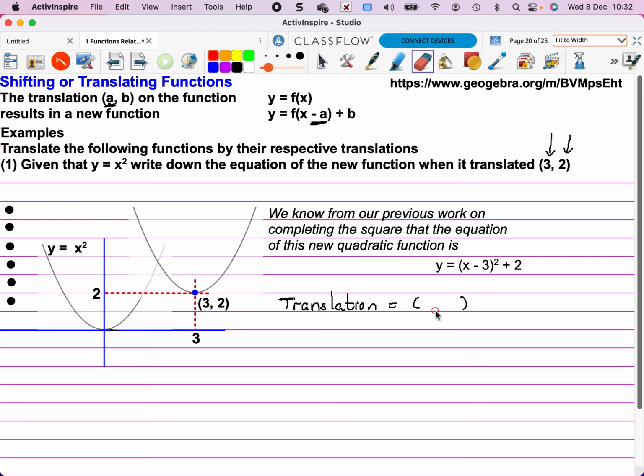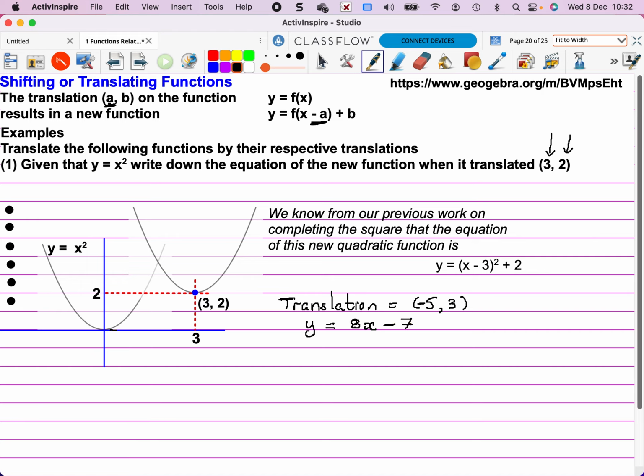So this time we're going to look at the translation (-5, 3). And the original function we're going to look at is y is equal to 8x minus 7.